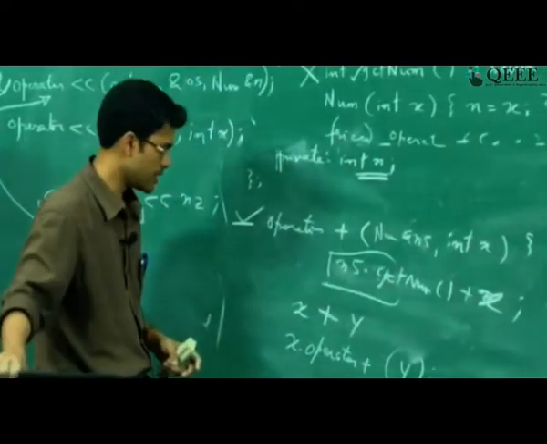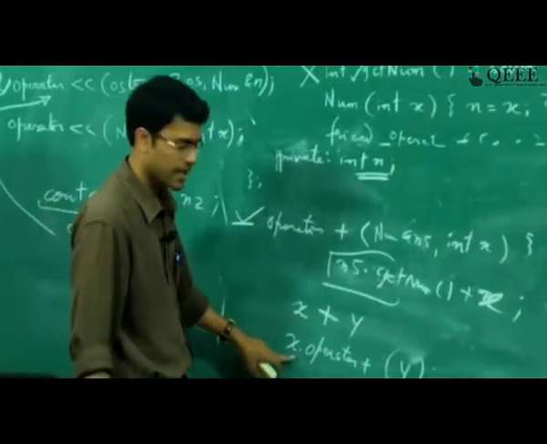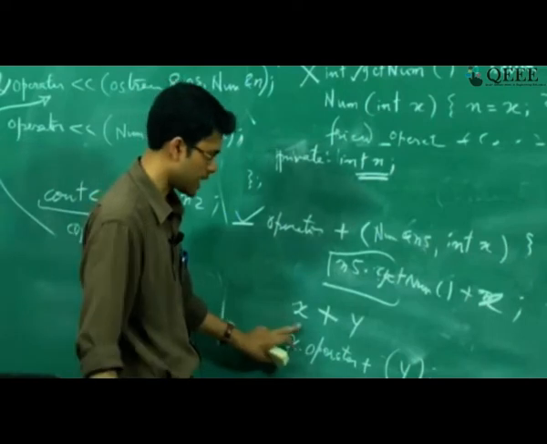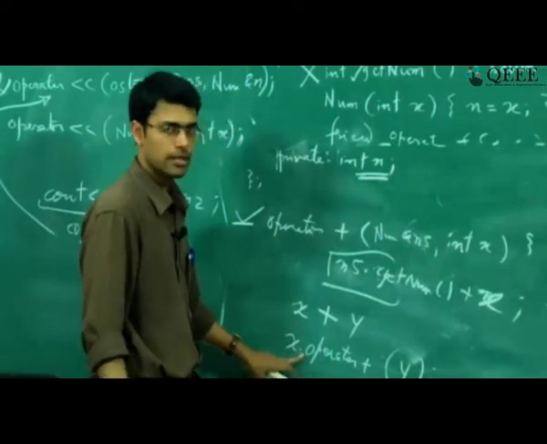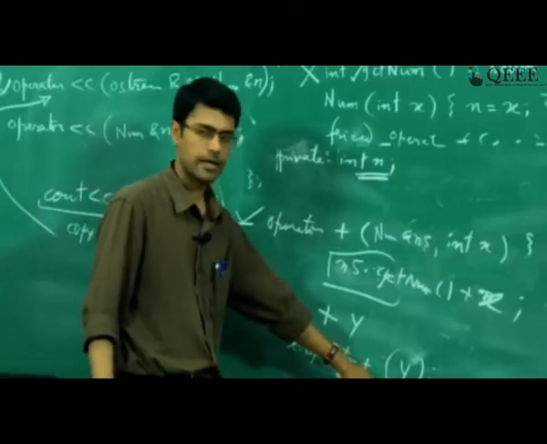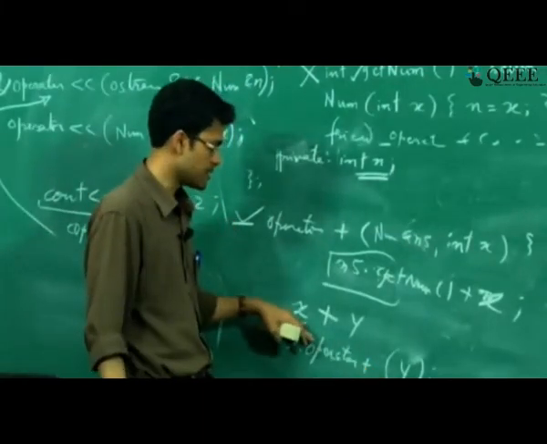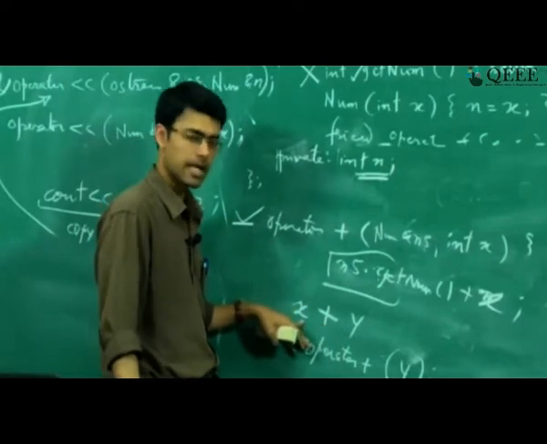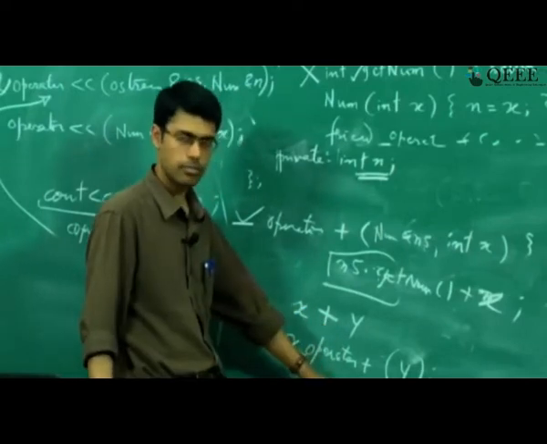Right? So what we are saying is that there is an object x or whatever entity x, dot, that is, it's a member function, operator plus y. Right? So if plus is defined on x, then we can apply such a processing.